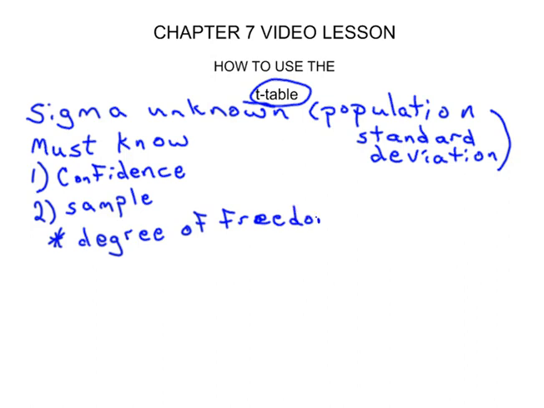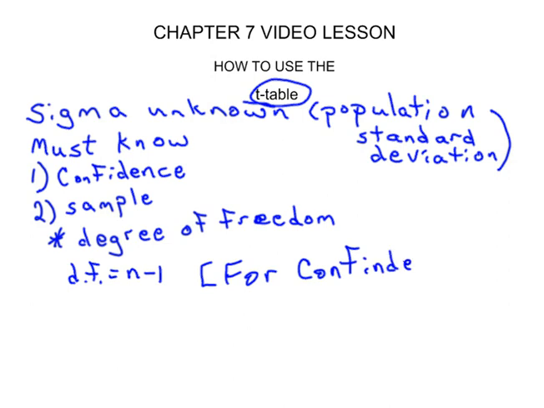The degrees of freedom has a notation, df, and it is n minus 1. It's based on the fact that if I have n different things to choose from, n minus 1 of them can be free of choice, but then the last one I have no choice on which one to choose. So degrees of freedom is n minus 1, and that's for a confidence interval.